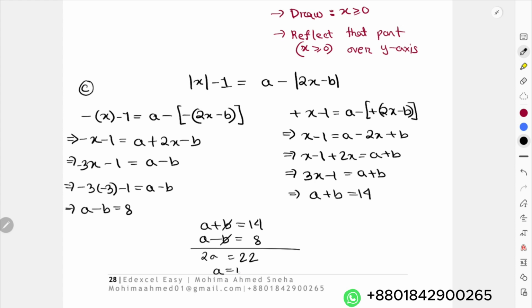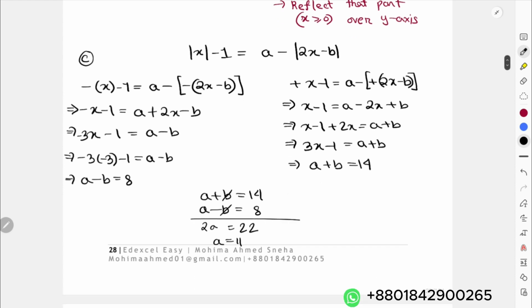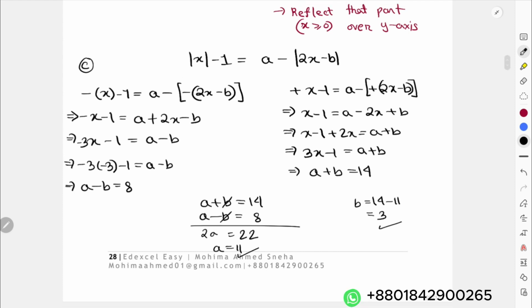So you get the value for a as 11. If a is 11, you just have to substitute this into any one of the equations. So I'll substitute a equals 11 into this equation, b is 14 minus 11 and that gives you 3. So the value for a is 11, b is 3.